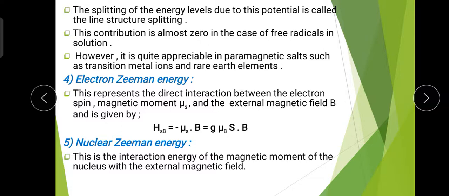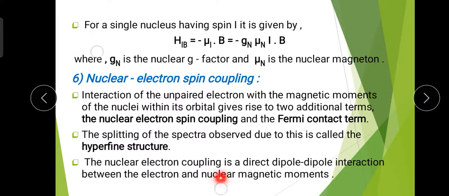This is related to the nucleus, and the previous one is related to the electron. So here we have to consider the nuclear magnetic moment. For a single nucleus having spin I, it is given by H_IB equal to minus mu I dot B, equal to minus gn mu n times the dot product of I with B.